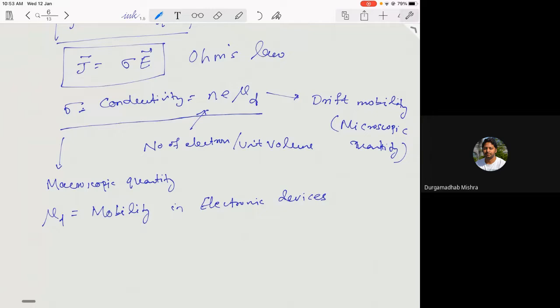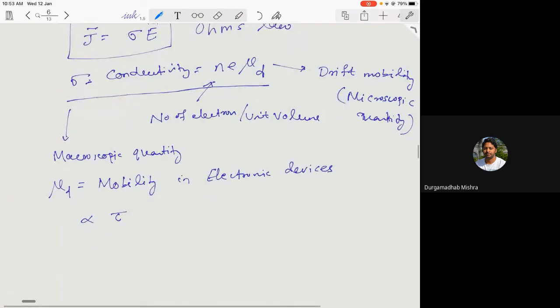If you look at the microscopic properties, your mu D is directly proportional to tau. So mu D will be high if tau is large.